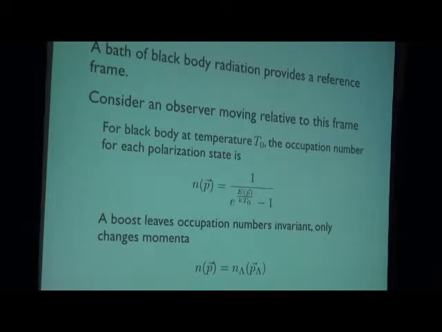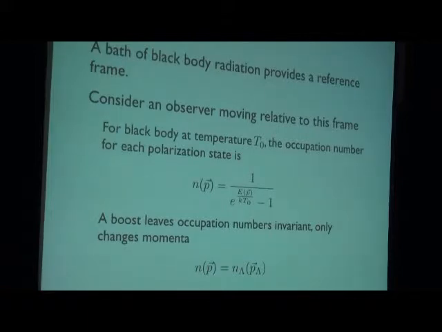A relatively straightforward way to derive it is to note that if you have a black body at temperature T0, then the occupation number for each polarization state is just given by this. This is just the usual Bose-Einstein distribution with a zero chemical potential. And the occupation number is left invariant by boosts, simply because you're not creating or destroying particles by boosting.